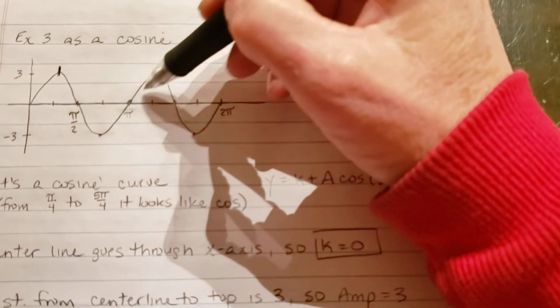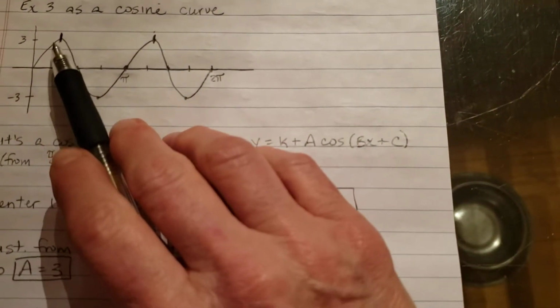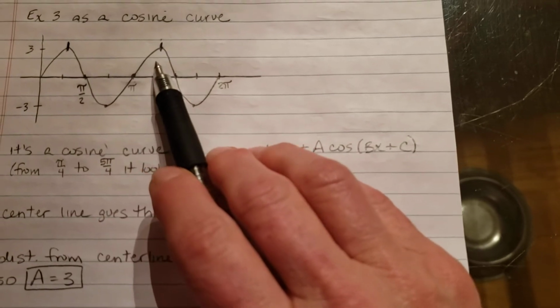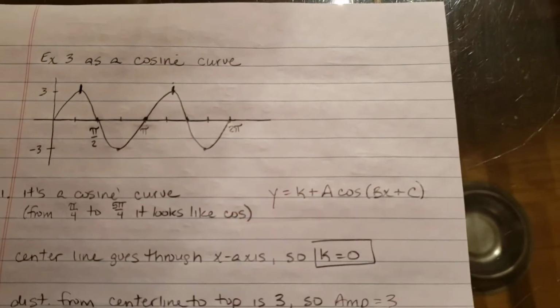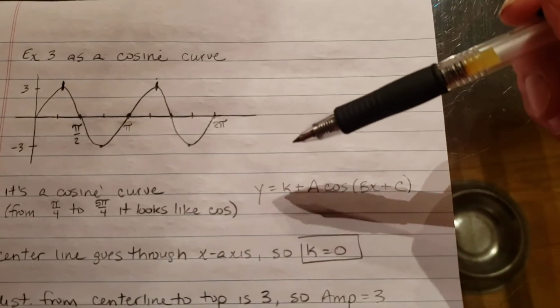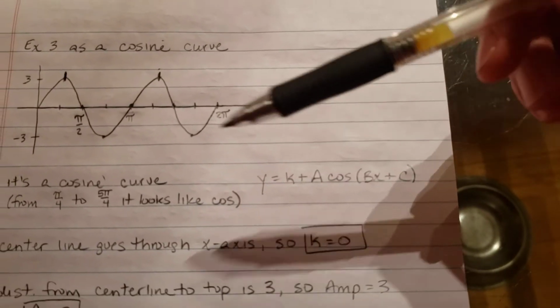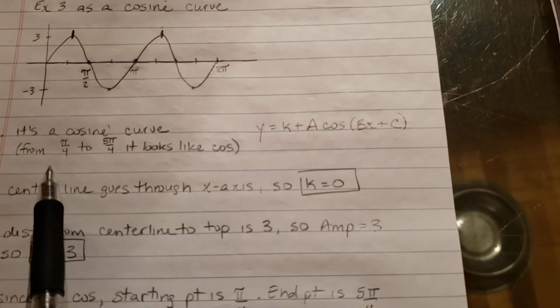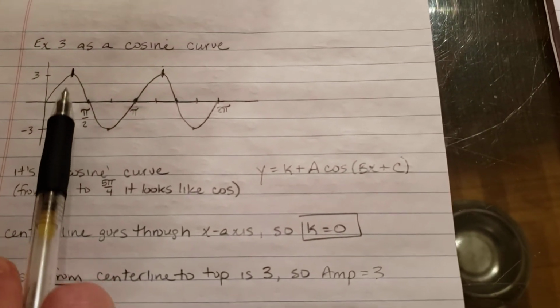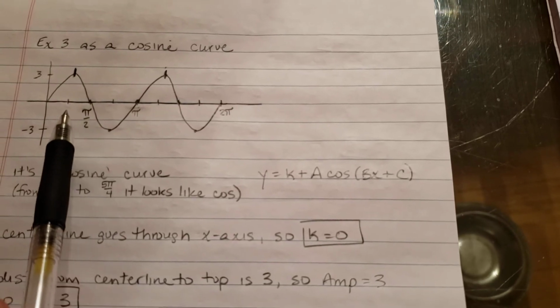A cosine function. So this is what we're going to use for the starting point and ending point in order to find an equation using a cosine function. So as a cosine curve, the starting point is here. Now, if this is pi halves, this will be pi fourths.